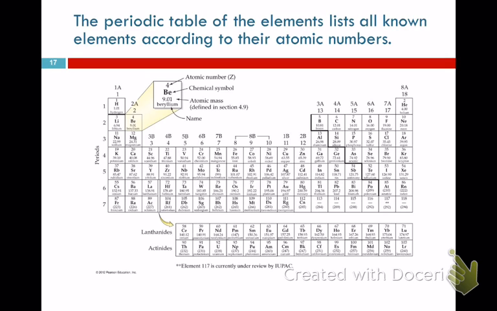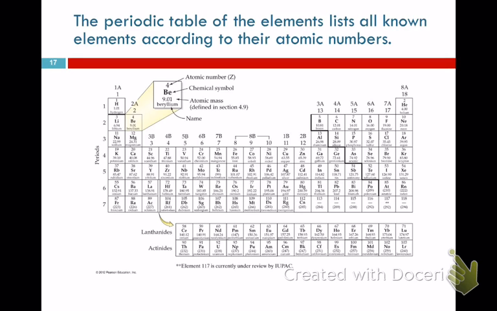The symbol is Be, right? The atomic mass, how much it weighs, is an average mass. It's not just of one particular atom. But what they do is they go out and get a lot of beryllium and determine what the average mass is. Its average mass is written in atomic mass units. So an average sample of beryllium has a mass of 9.01 atomic mass units.